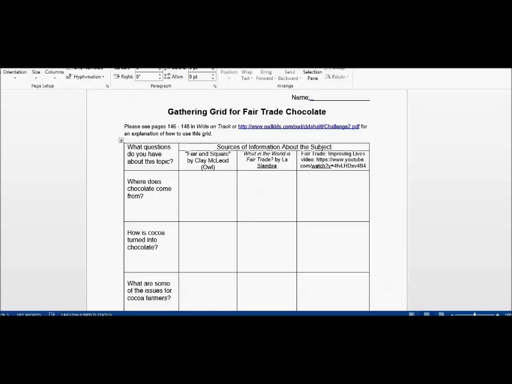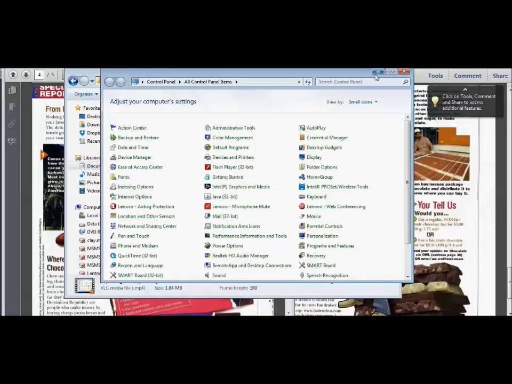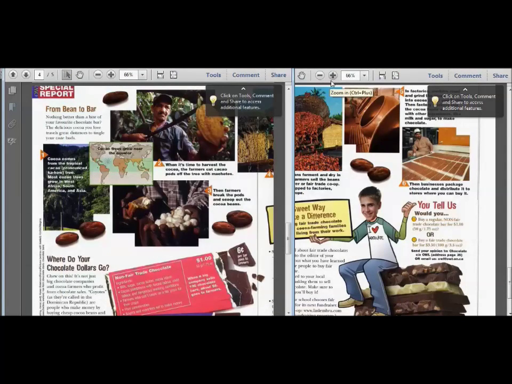So if we look at, as an example, the question, how is cocoa turned into chocolate? And we look in particular at the article in Owl magazine called Fair and Square, then on these pages here, there is a description of a process described as from bean to bar.